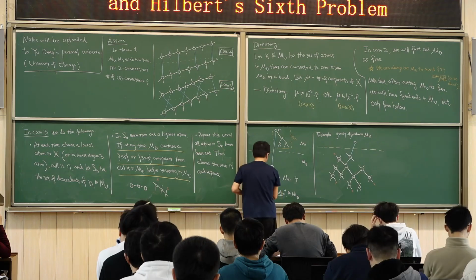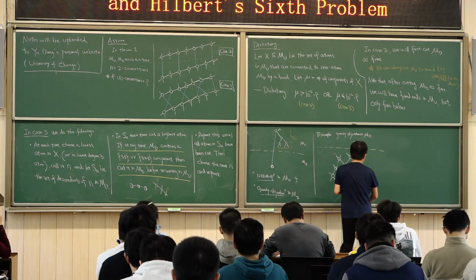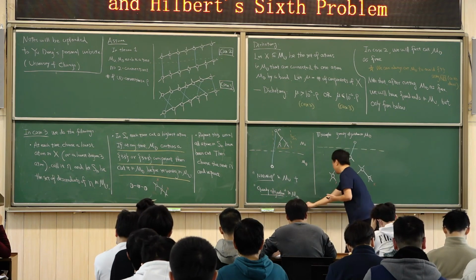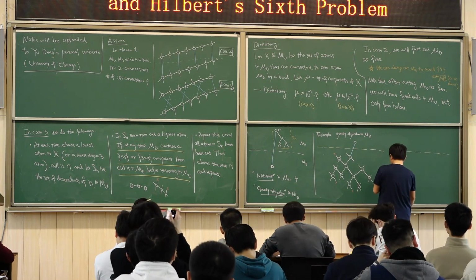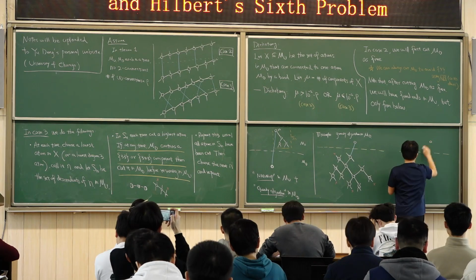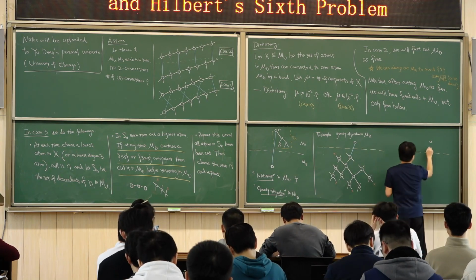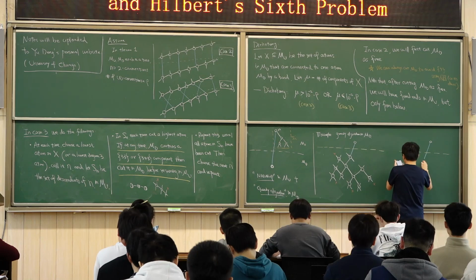So this is the molecule in terms of degree. It's slightly easier to draw this in terms of degree. This is N. This is 4.